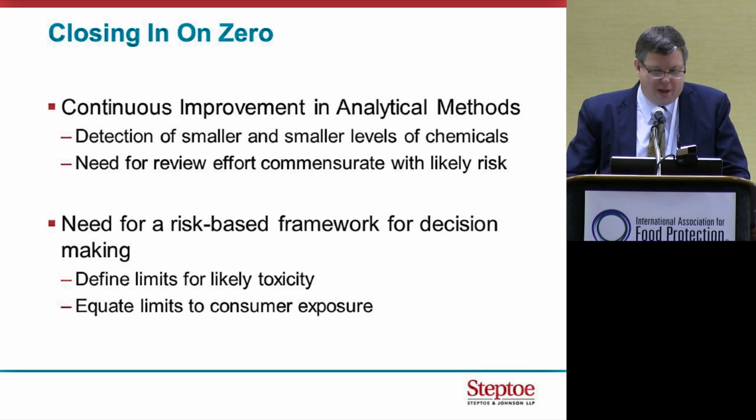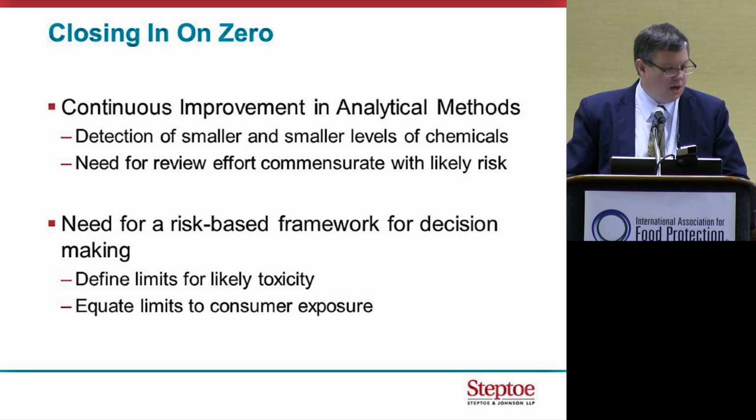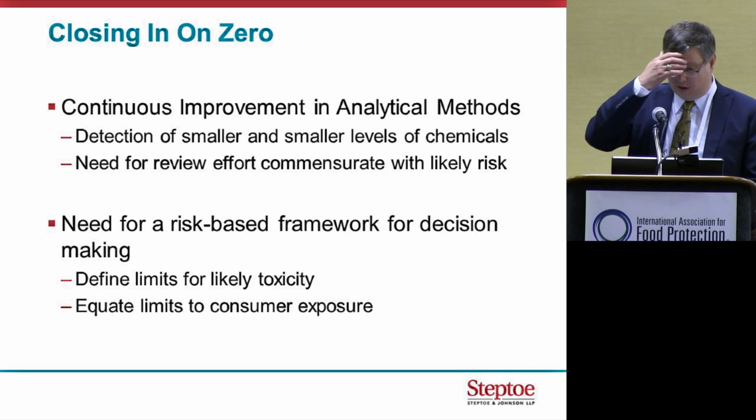With respect to food packaging, the regulation of which in the U.S. started back in the late 1950s, one of the driving forces in FDA needing to, and the industry as well, needing to have a way of characterizing compounds by potential concern were continuous improvements in analytical methodology, where analytical chemists were able to detect lower and lower amounts of substances migrating either out of packaging or becoming contaminants of food.